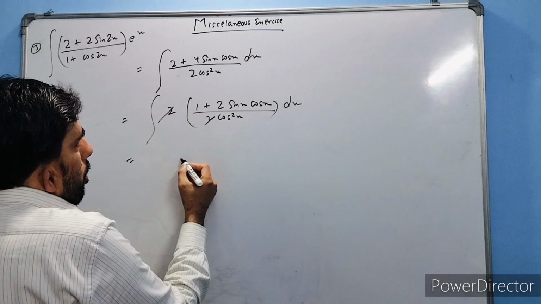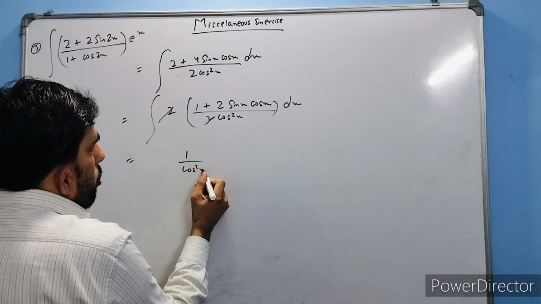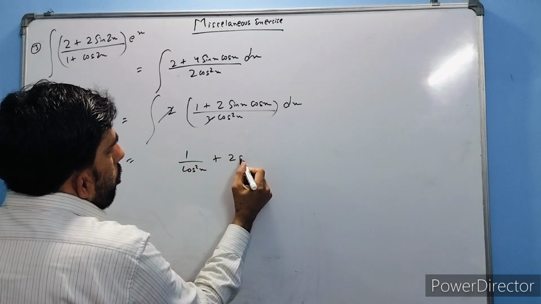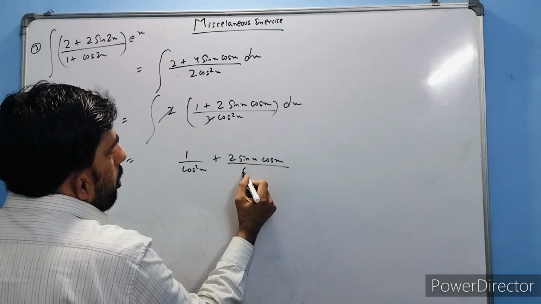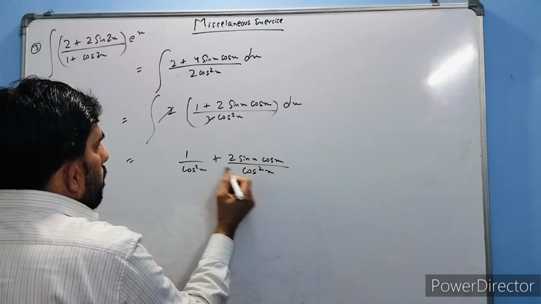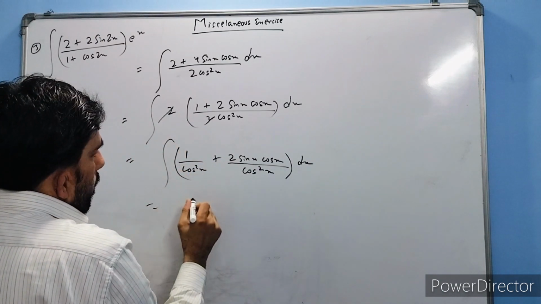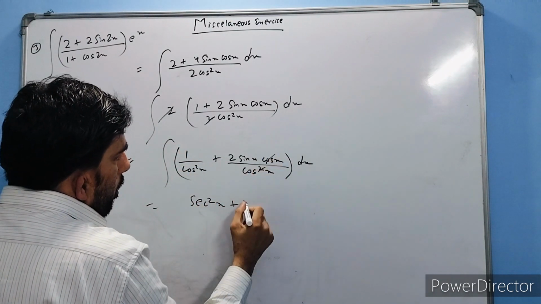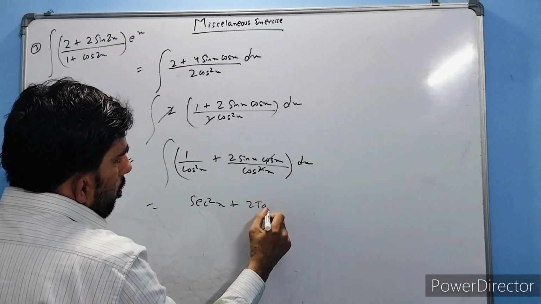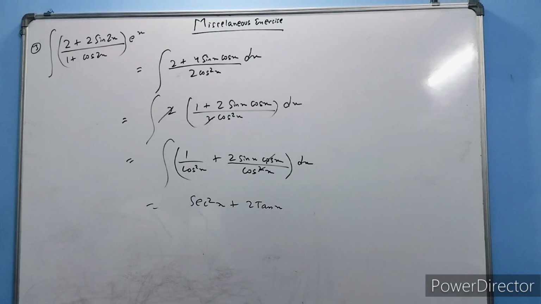Okay, so now we'll separate it out: 1 upon cos square x plus 2 sin x cos x upon cos square x. Now this will be sec square x plus 2 tan x. Okay, this is what we have.